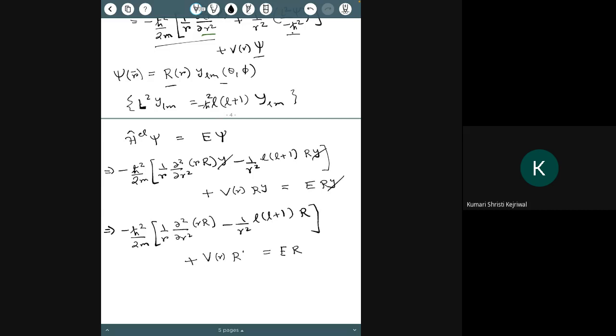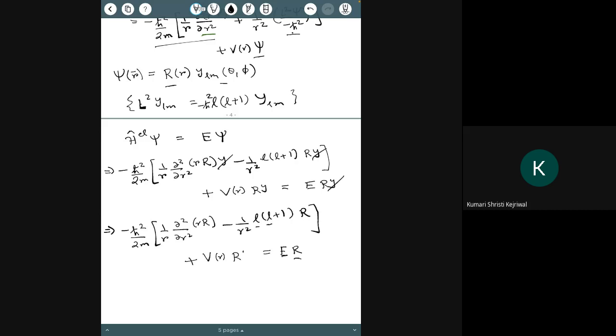The other thing you will now notice is that the energy depends entirely on the radial part of the solution, at least apparently. So the eigenfunction is just R, but it also has, remember, the small l. So the energy will depend on small l, but this equation does not contain any m, so it will not depend on any m.